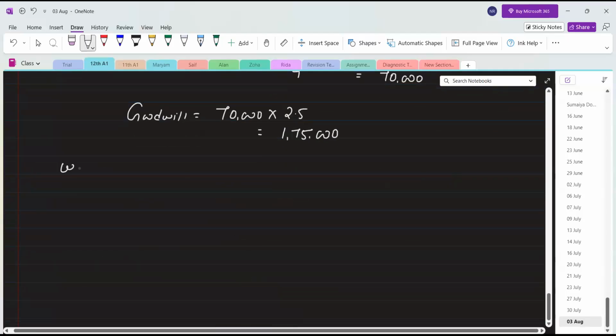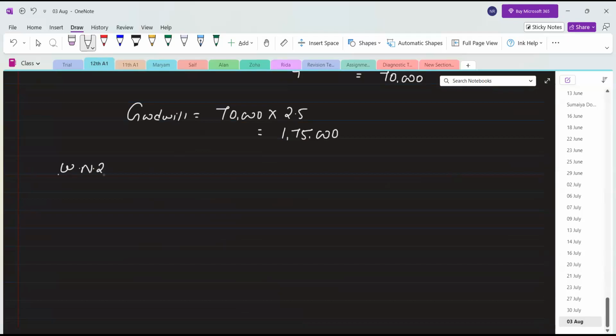So working note number 2, current year profit. The last year profit, 2015-16 profit, is 75,000.